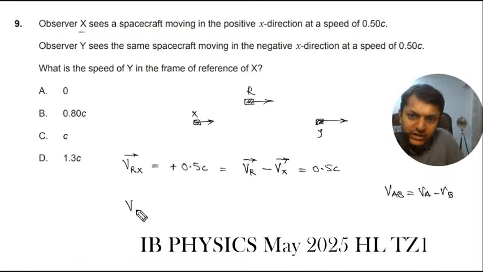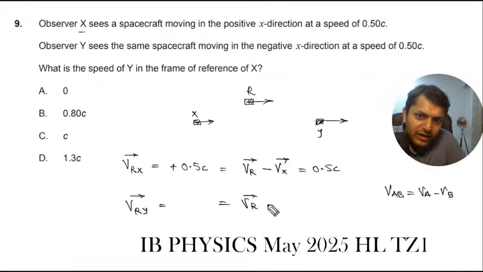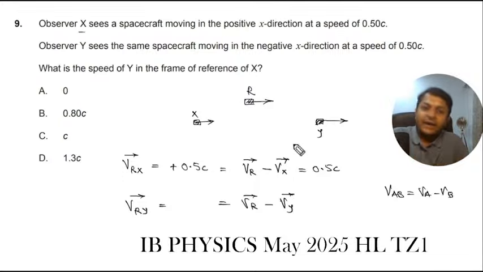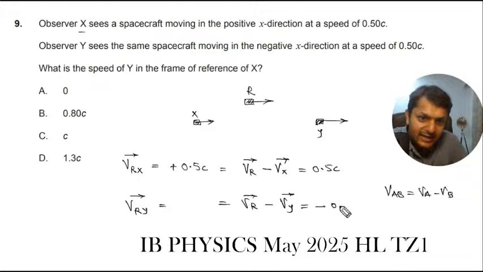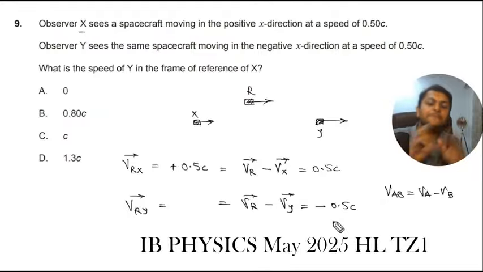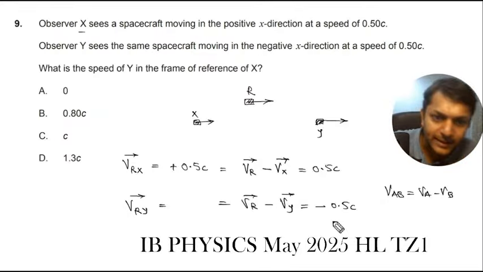And what about the other one, the velocity of R with respect to Y? Sorry, not X. So the velocity of R minus the velocity of Y, Vr minus Vy, is given as negative 0.5 c. Now what is going to happen?